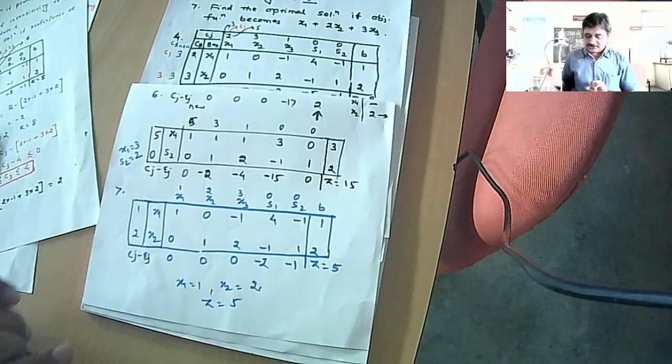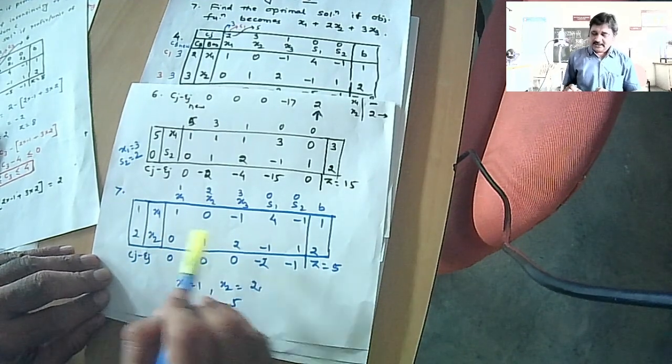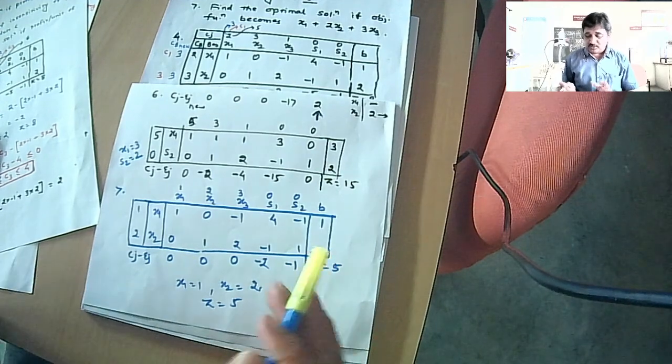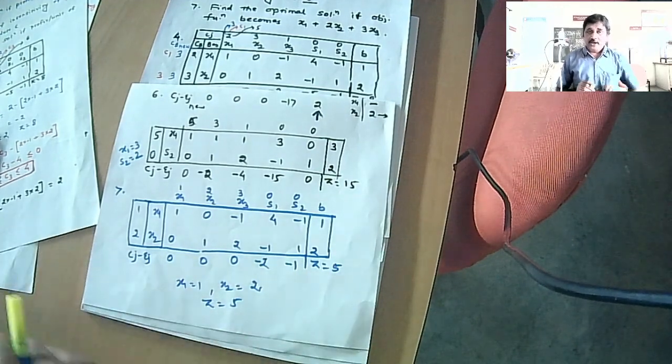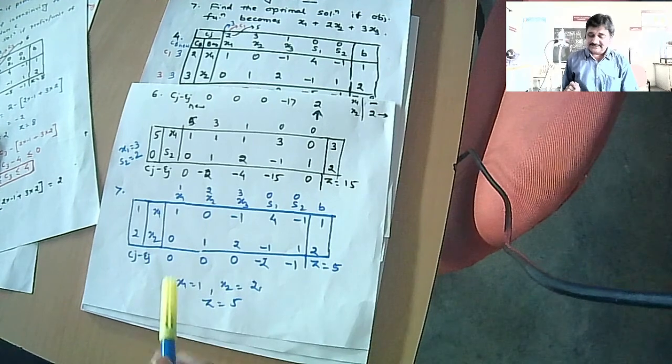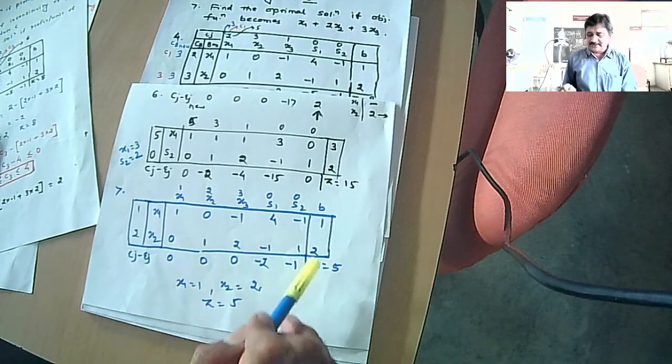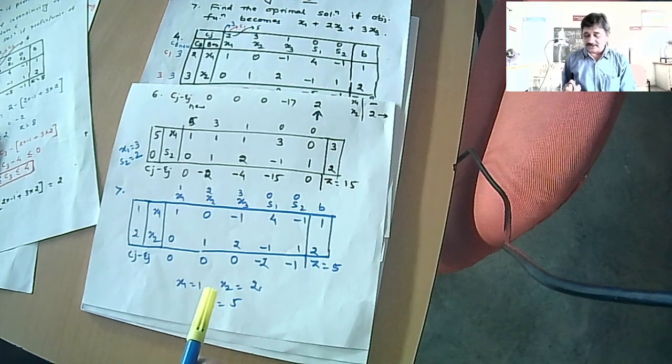Your optimal solution still is x1 equal to 1, x2 equal to 2, and z is going to change because your objective function has changed. Z is 5. Now, what if some of the values here had turned out to be positive?